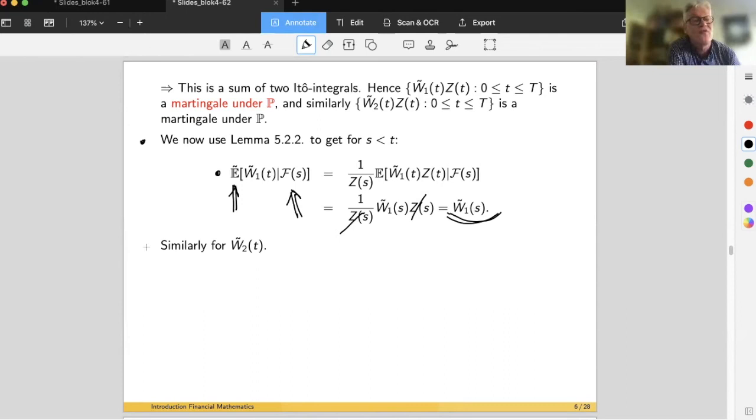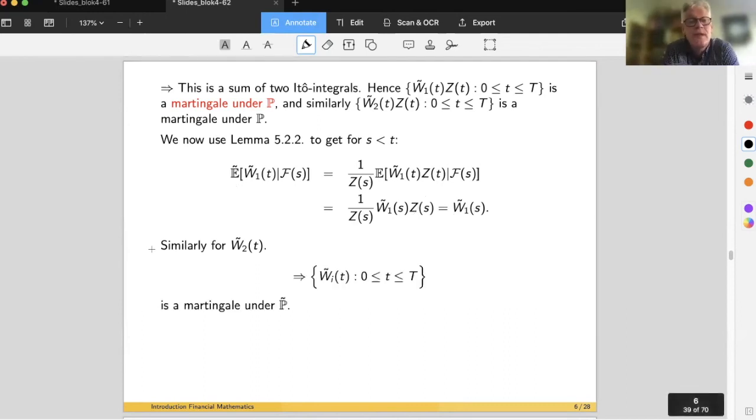And the same we find for W tilde_2t. So in other words, for both i is 1 and i is 2, W tilde_it is a martingale under P tilde.